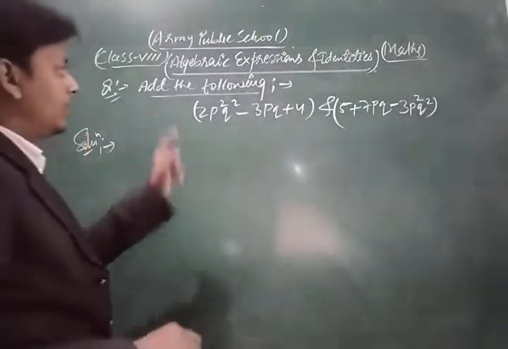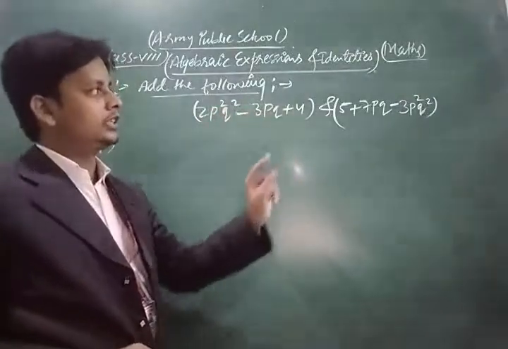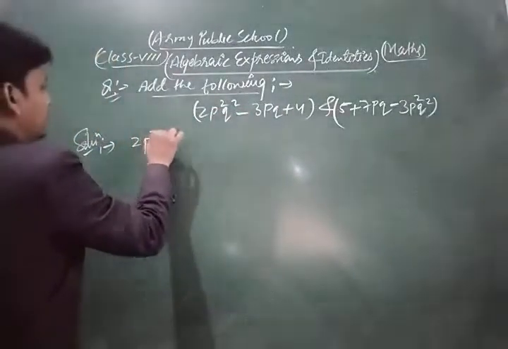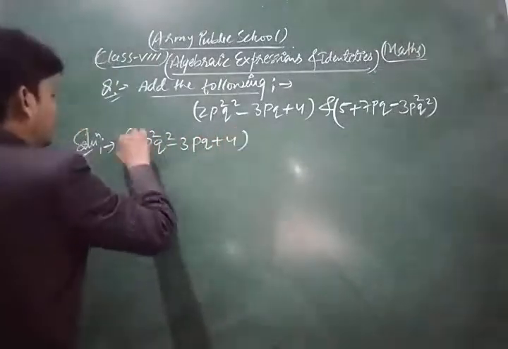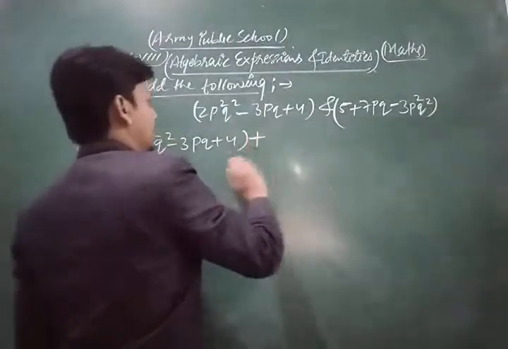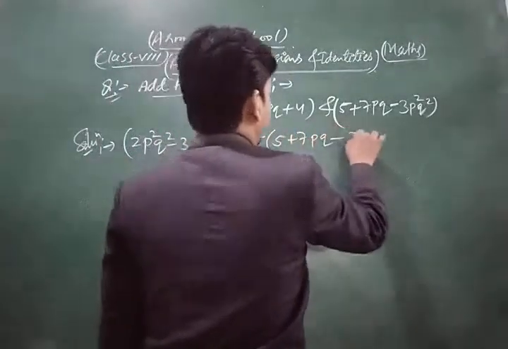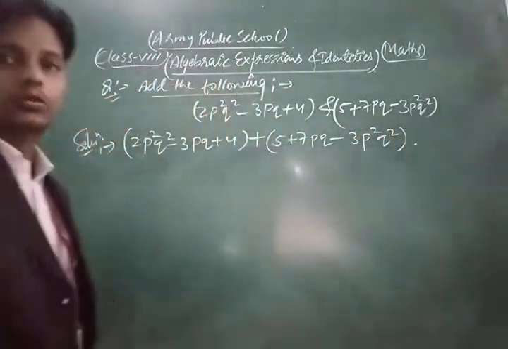First of all, we add the following expressions, so we write them with a plus sign. This is 2p square q square minus 3pq plus 4, plus 5 plus 7pq minus 3p square q square. Now what do I do?